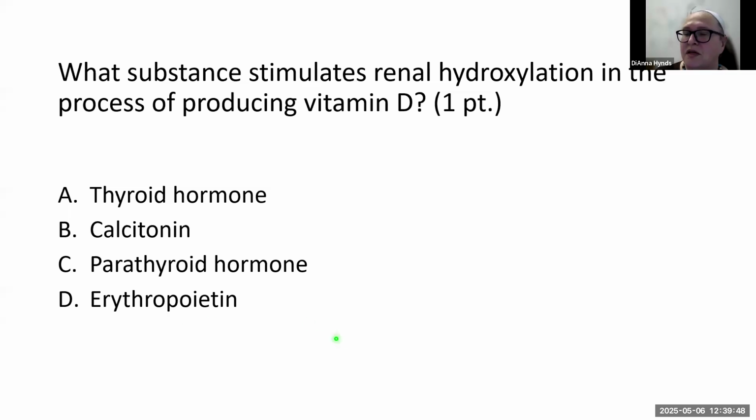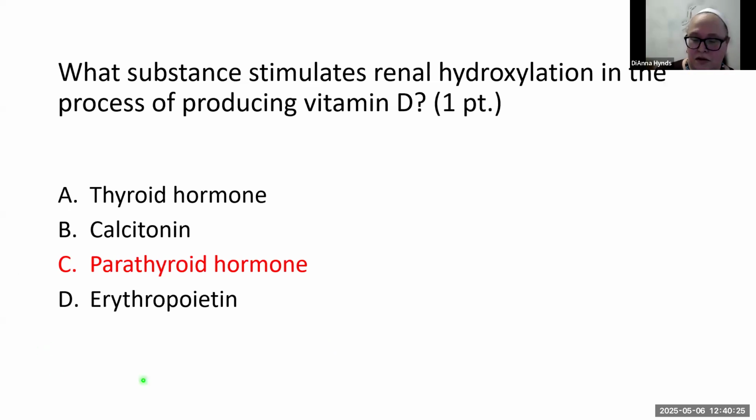The best answer here is going to be parathyroid hormone. In general, parathyroid hormone is one of the main hormones that influences renal function overall. One of the things it does is help produce vitamin D because it stimulates renal hydroxylation. Hydroxylation is the addition of hydroxyl groups onto, in this case, vitamin D to produce a form of vitamin D that you can actually use, the 1,25-hydroxy vitamin D.